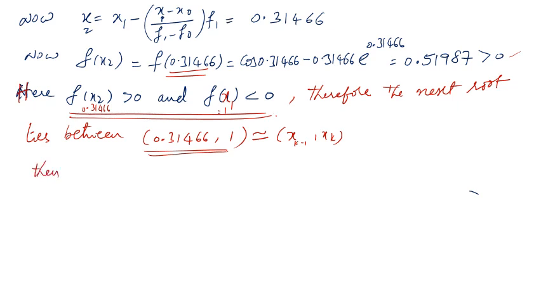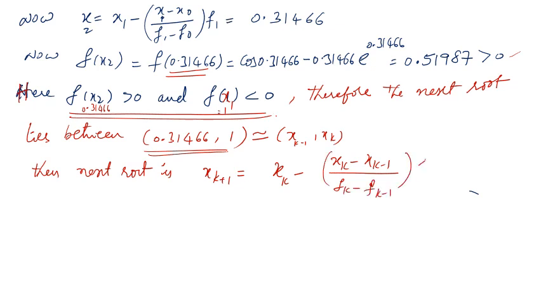Then the next root is given by the xk plus 1 formula: xk minus (xk minus xk minus 1) by (fk minus fk minus 1), this entire thing multiplied by fk. So what is the next root actually, x3? One more point to make the computation easy: this next root belongs to the interval 0.31466 comma 1, which is our new interval, xk minus 1 comma xk.